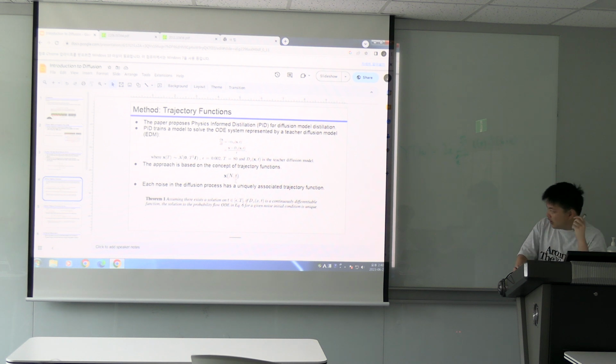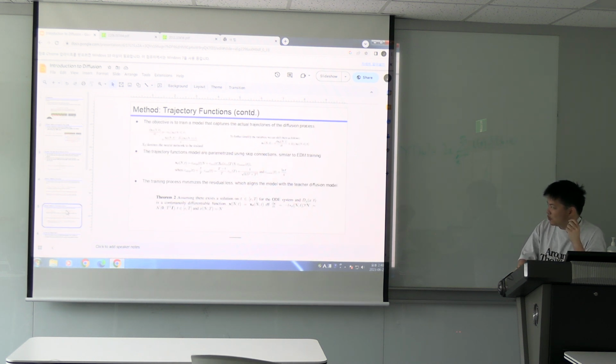Using a PINN-like approach, you can minimize the residual loss between the new parameter theta and the ODE system parameterized by phi of the score matching function. By reducing this, you learn a model that matches the ODE system and therefore is a solution to this trajectory.